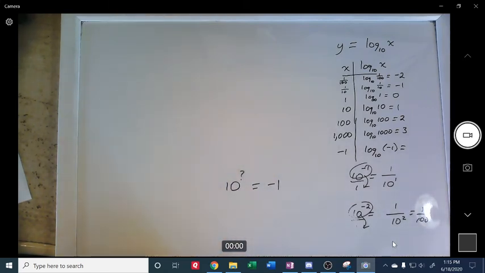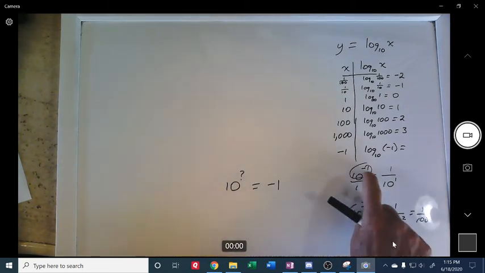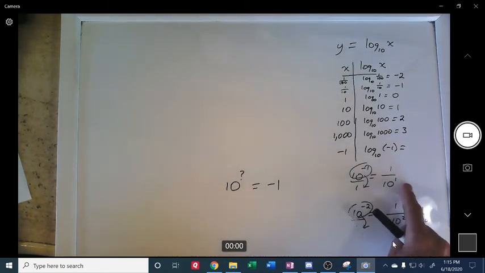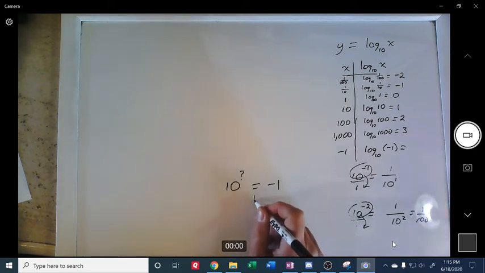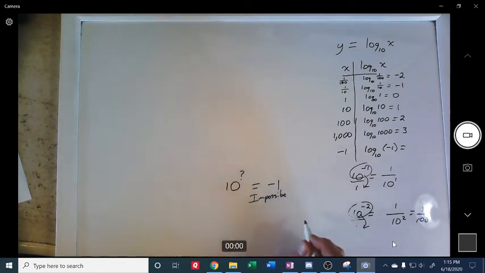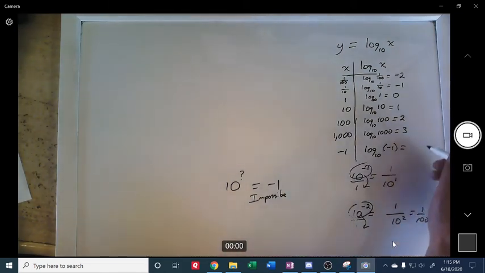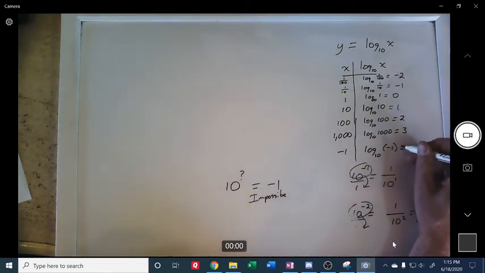And if you raise 10 to a negative exponent, you don't get a negative number, you get a fractional result. If you raise 10 to a positive power, of course you get a positive result as well. This is impossible. Because it's impossible, this does not exist.